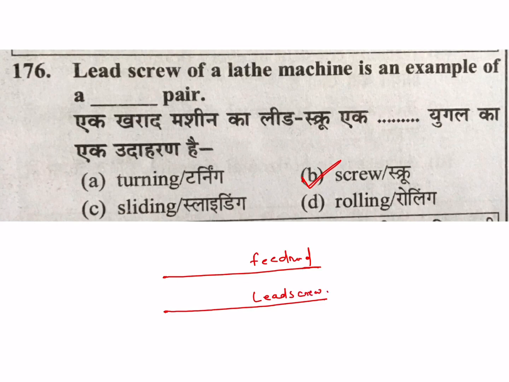But if you stand in front of the lathe machine, two rods are visible, horizontal rods. In lead screw you will get threads, and feed rod you won't get threads.